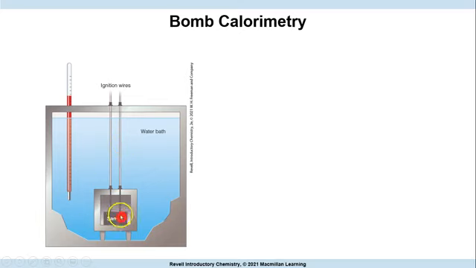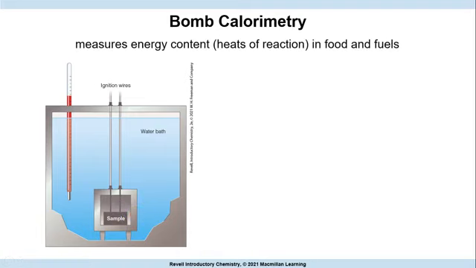Now there is no expansion here, so there is no work, so everything is in the form of heat. So when that ignition occurs, there is that boom, and the heat is transferred into the solution, which is the water, and we can calculate everything that we need.